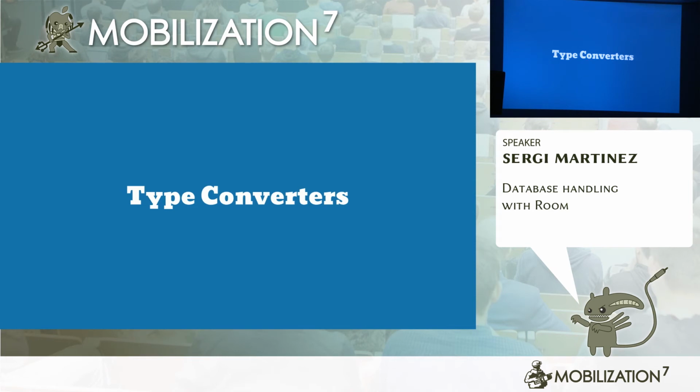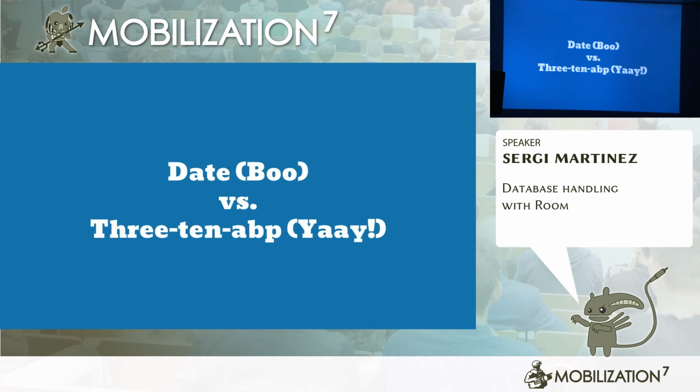Let's talk about type converters. I guess that more or less everybody has worked with the Date class, right? Yes? No? Say yes. Okay. It sucks. I prefer to use the 310ABP. I don't know if you're familiar with it. Every Java version has released a new system to work with dates.